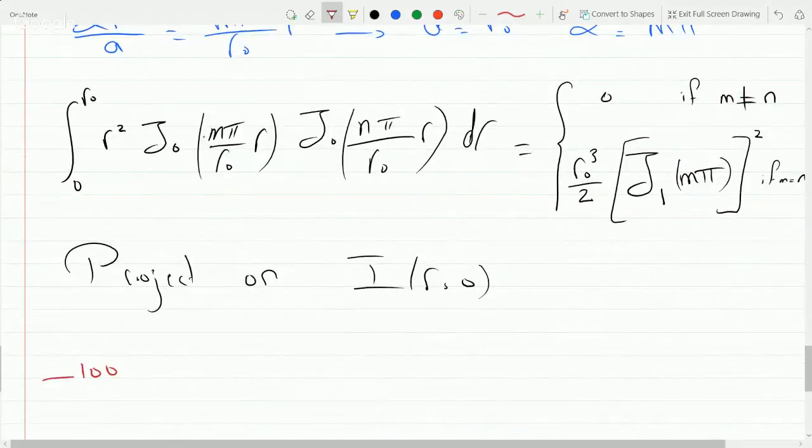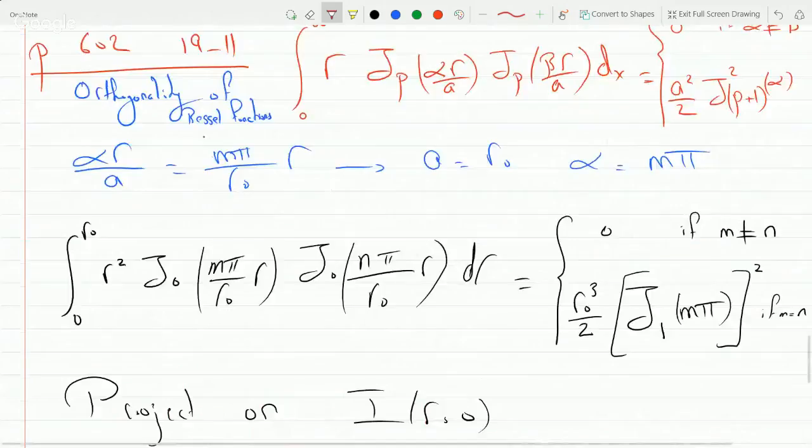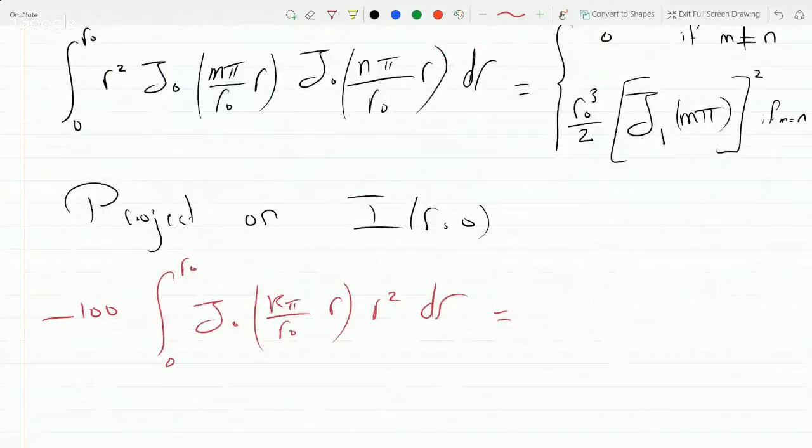And so I'm multiplying both sides by the integral from 0 to r0 of J0 of k pi over r0 r squared dr. And also the right hand side, so I multiplied the minus 100 on the left by that, and I will multiply the right hand side also by that.